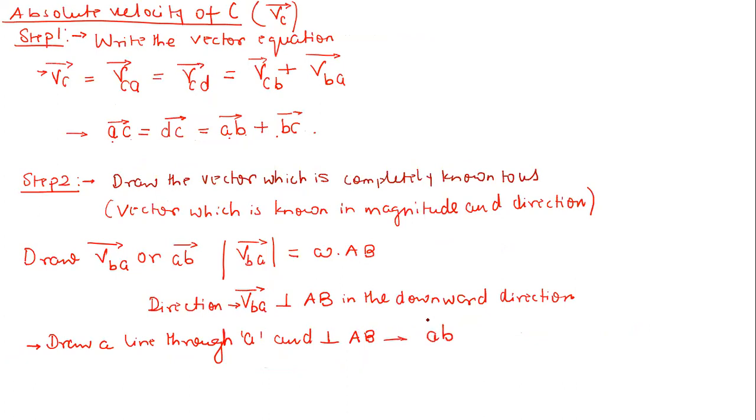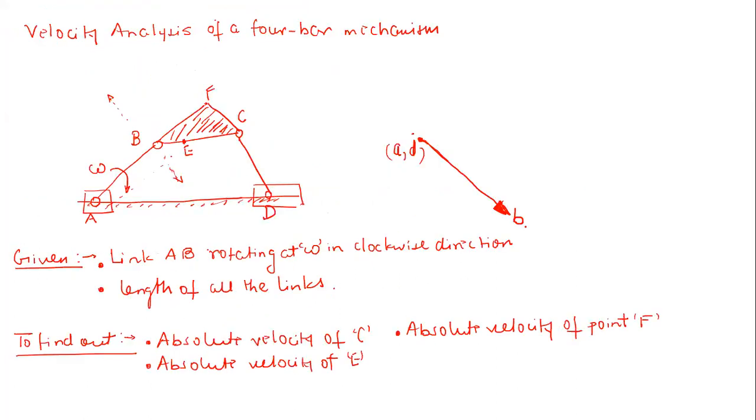This is going to represent your AB vector, correct? So now, is this clear to all of you? Let me stop here. First of all, just tell me, is this clear? Is it clear to all of you? Any doubt in this? No doubt. Right. So now let us move ahead.